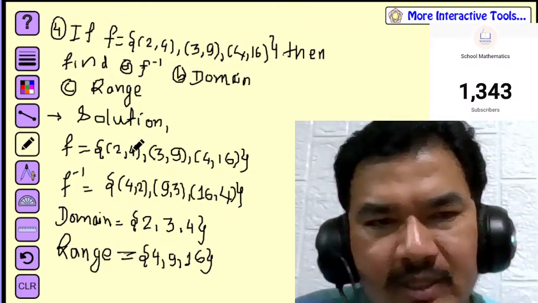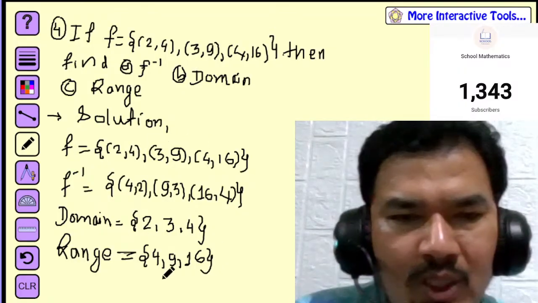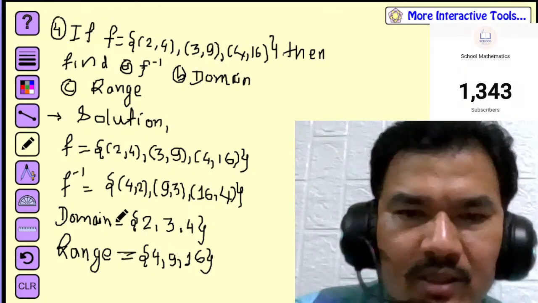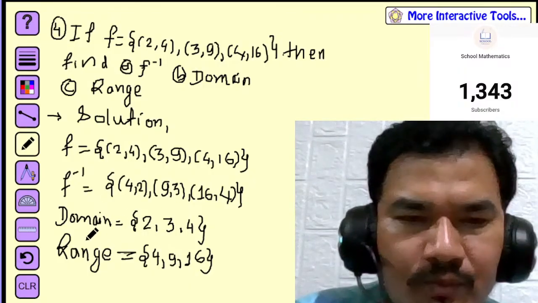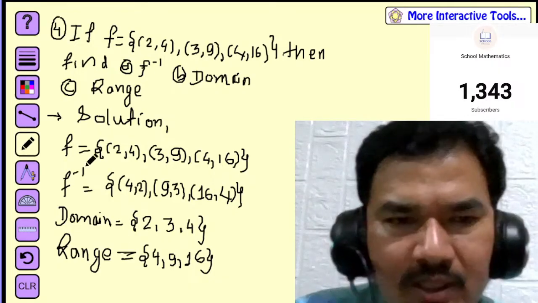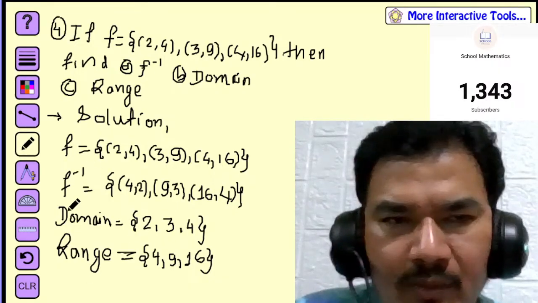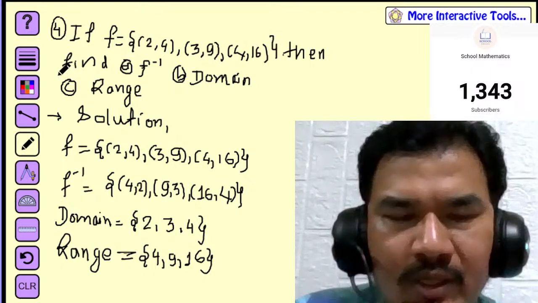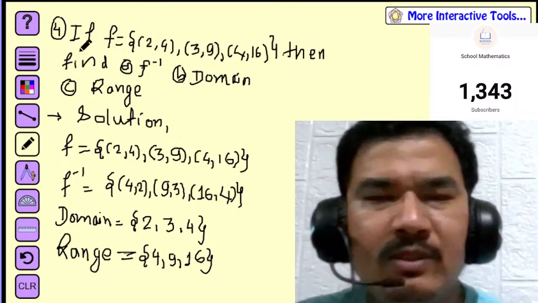We form the set by taking the second element of the ordered pair, which is known as the range. Like this we need to find the range by taking the second element of the function. This is the way to find the answer of this question.